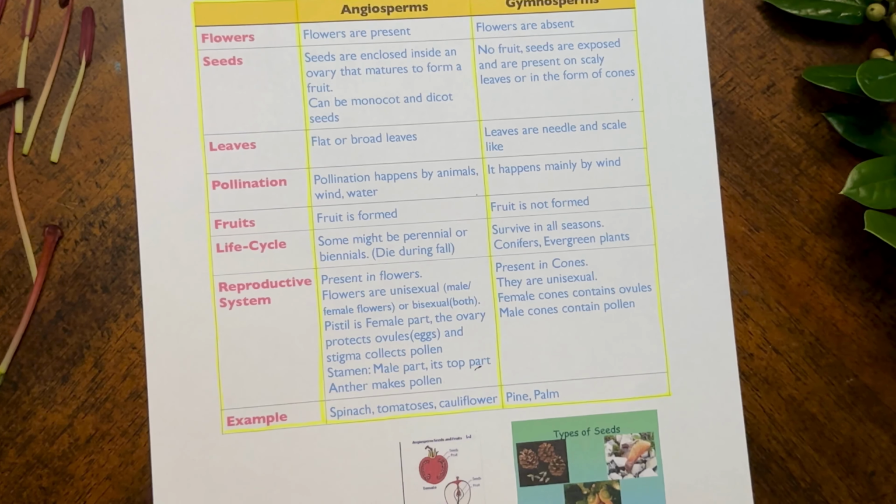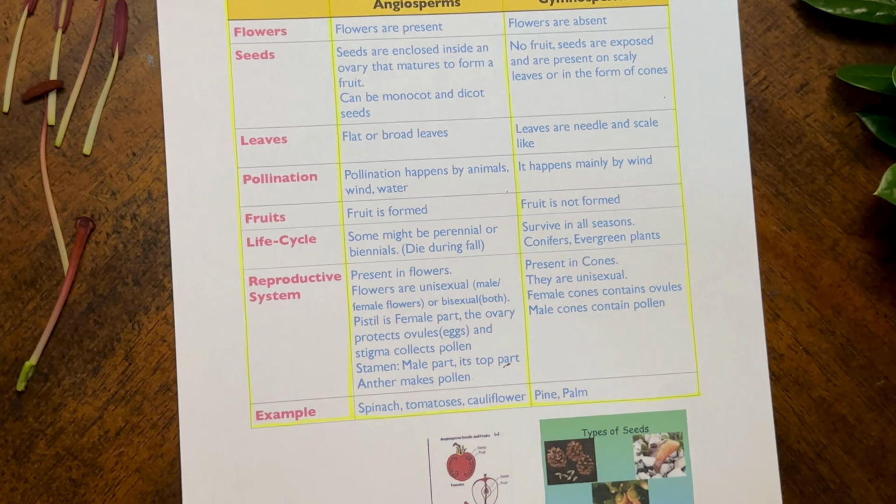Gymnosperms can also survive for a very long time. Instead of using their nutrients all the time, they store their nutrients, so they're able to live through the winter and remain dormant during that time.